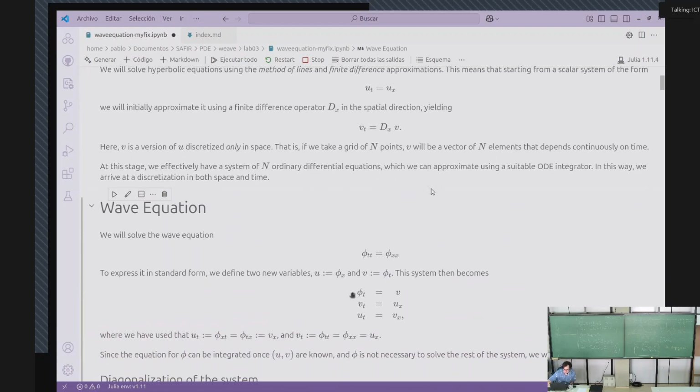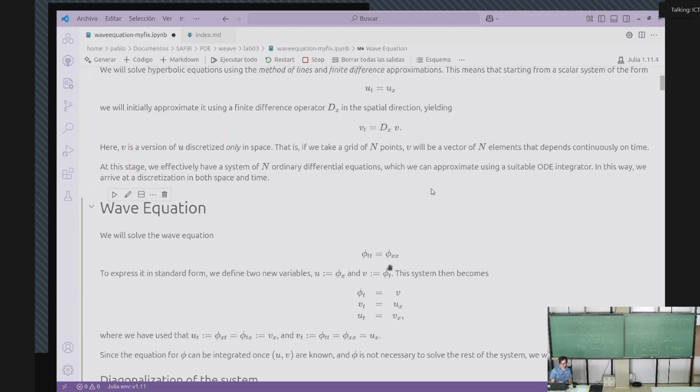And what we want to solve is the wave equation, where we have, in this case, the second derivative over time of a function phi equal to the second derivative in space of that function phi, right?